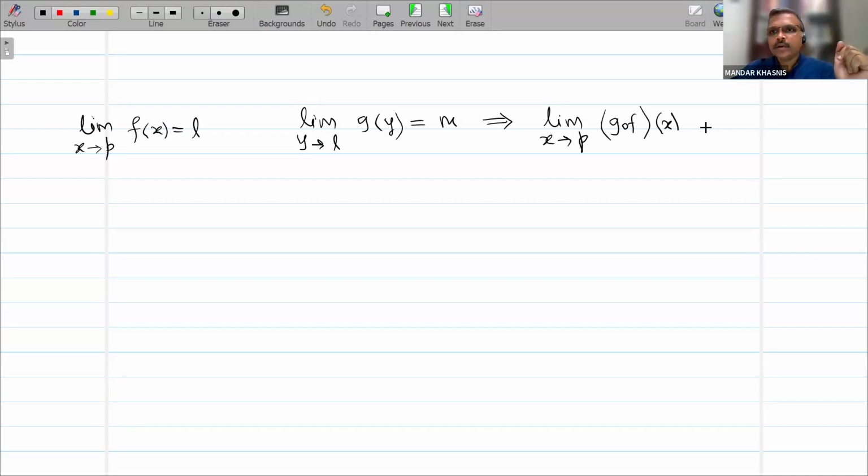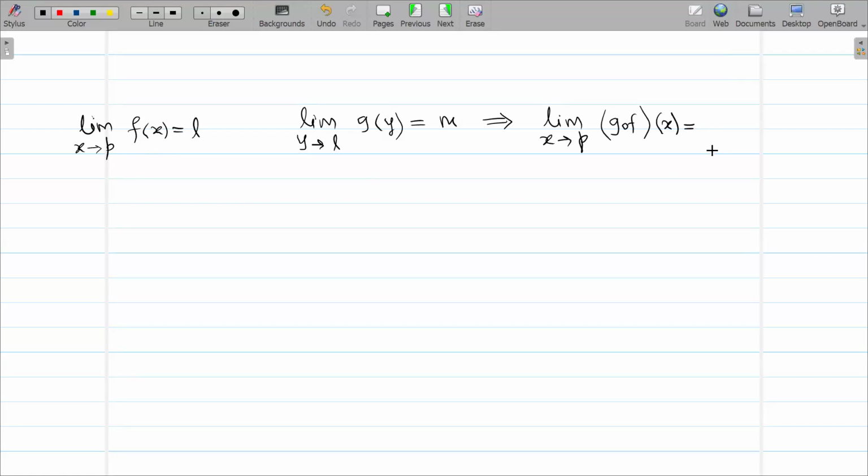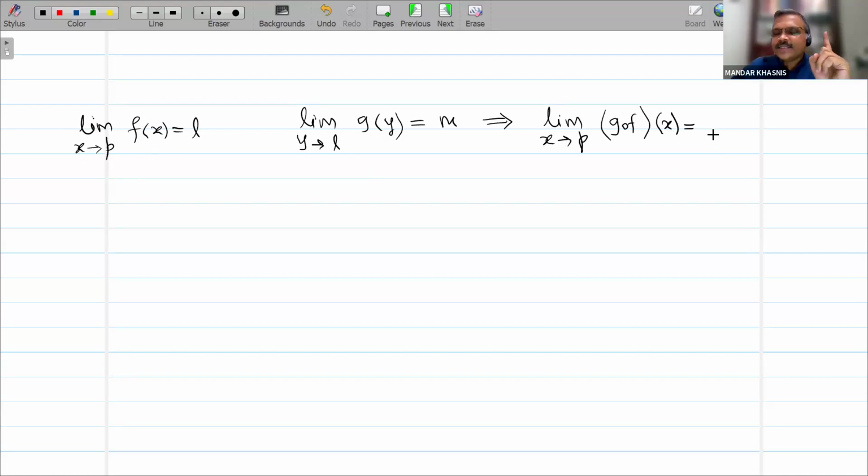What do you expect the answer to be for the limit of g composed with f as x goes to p? If g is continuous at L. Very good, Pratik. This is the point. One would expect it to be m, but it's in general not true, is what I'm trying to observe.